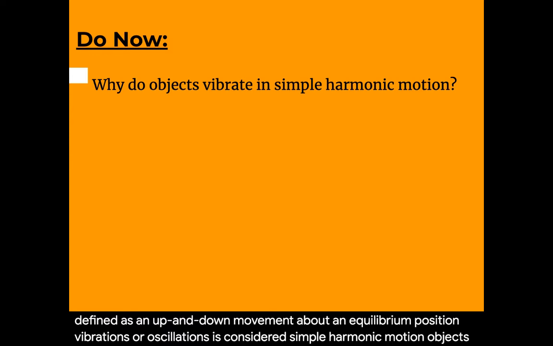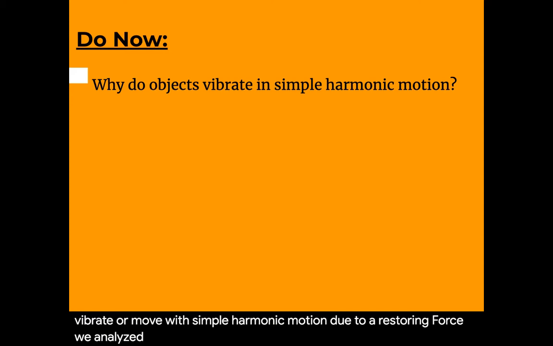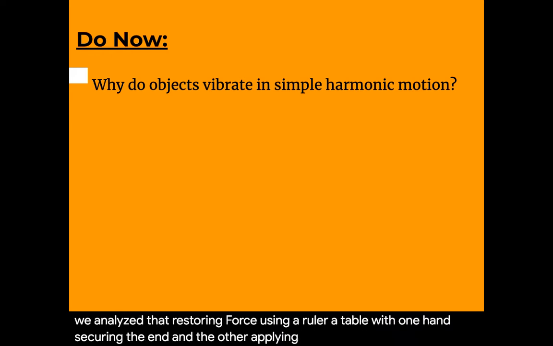Objects vibrate or move with simple harmonic motion due to a restoring force. We analyze that restoring force using a ruler lined up on a table with one hand securing the end and the other applying a force to displace the other end of the ruler.